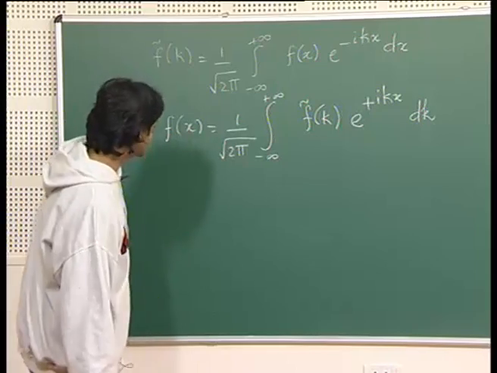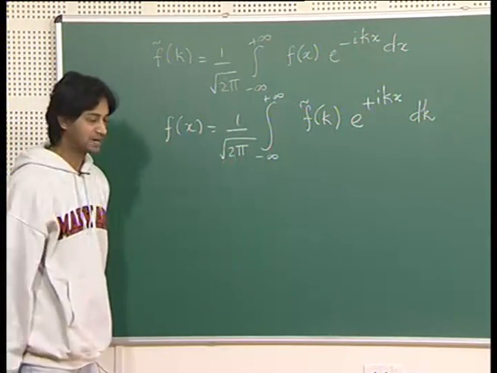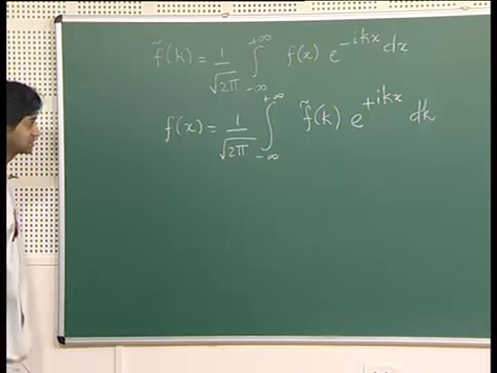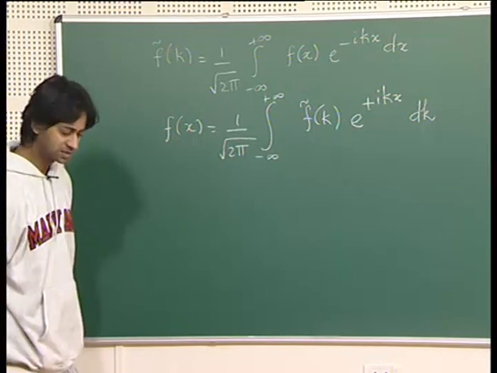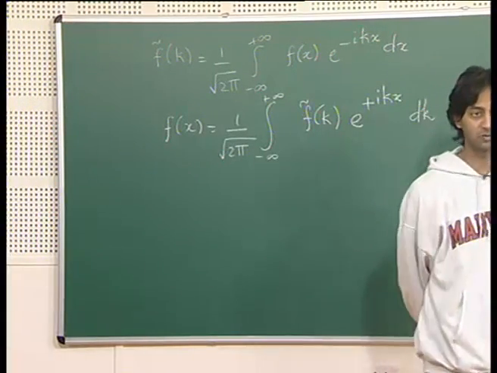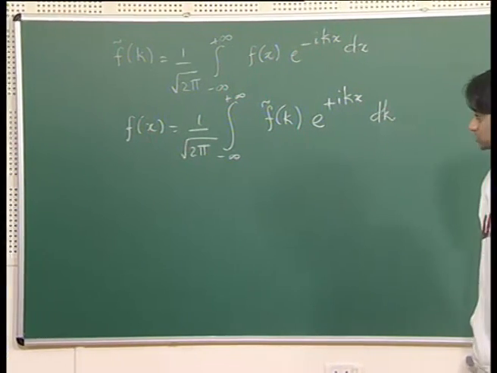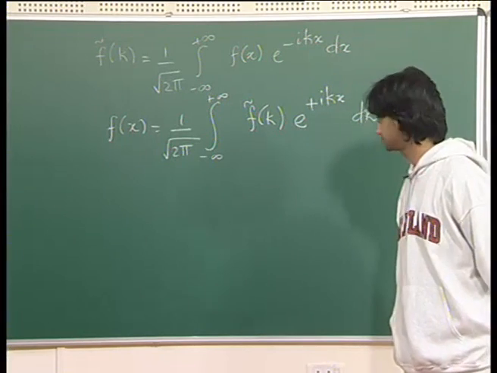But these will just cause small changes in the numerical factors, but the method is fairly general and you can still apply it. So, the lesson I want to mention is that there is no unique definition of the Fourier transform. Each book or each author chooses to define it in a way convenient for them.